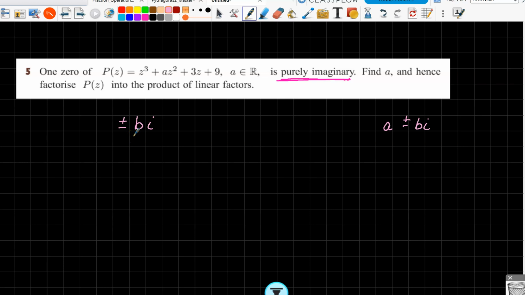Okay, so you still do your sum and your product, and the sum would be 0 because it disappears, and your product would be b squared, and then you go, oh my God, of course I knew that, because when we started in year 11 doing imaginary numbers, that's why they came up, so we could factorize things like that. And away you go, you would still do the equating bits. Does that make sense?